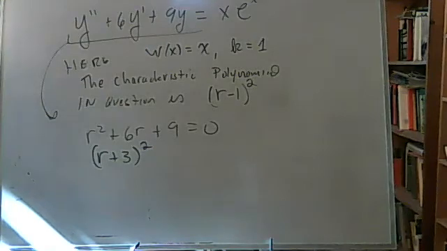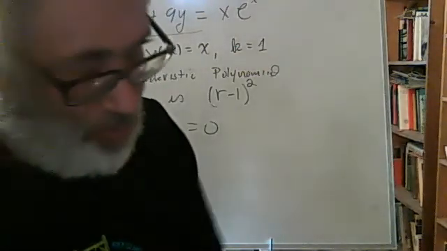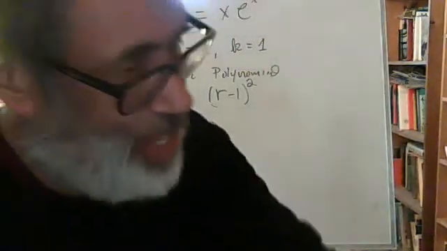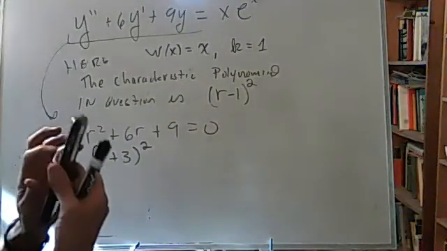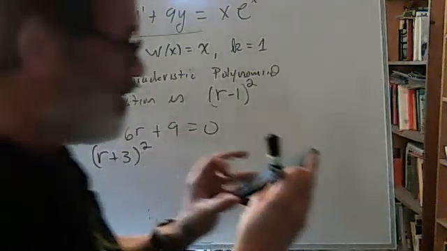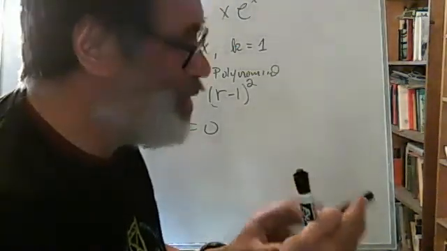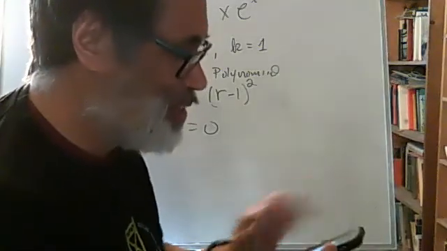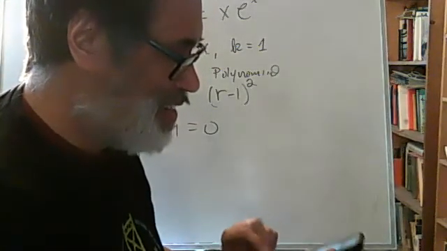Now, let's make this a little easier. This is an easy example, and I'll show you how the algebra works for the easy example. I'm going to modify this to make it a little more doable. The other one's doable, but no one wants to watch such a long thing.